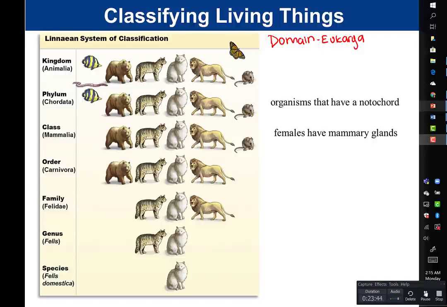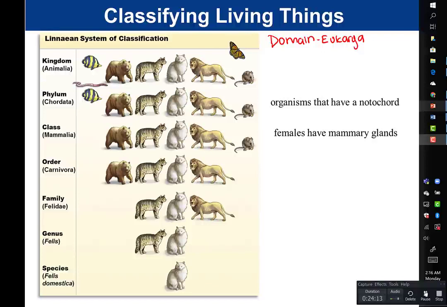So remember that within domain Eukarya, we have our plants, we have our fungi, we have our animals. So domain is very broad. Now we're getting to kingdom and we're getting more specific. So now kingdom is going to be Animalia, or the animals. So now the plants are out, the molds, mushrooms, and yeast are out, the protists are out, because those are not within kingdom Animalia.